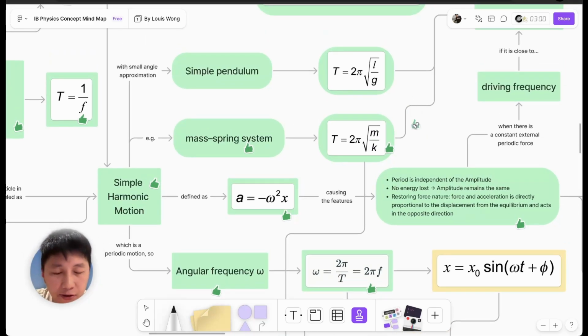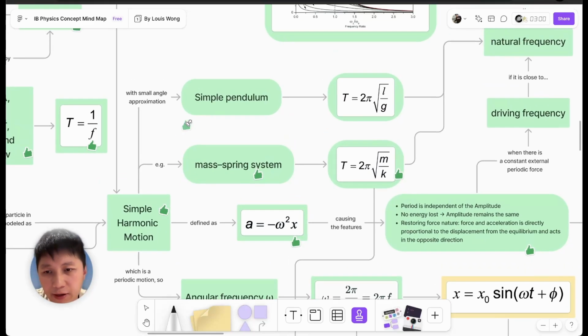Again, you have this equation in the data booklet, but if you really want to derive it, it's quite simple. It's really just Hooke's law, negative kx equals ma, and then you can have the derivation. You can look at the video if you want more details.